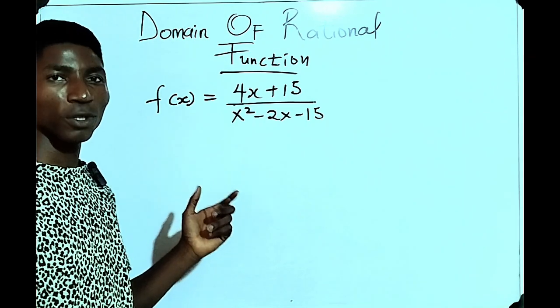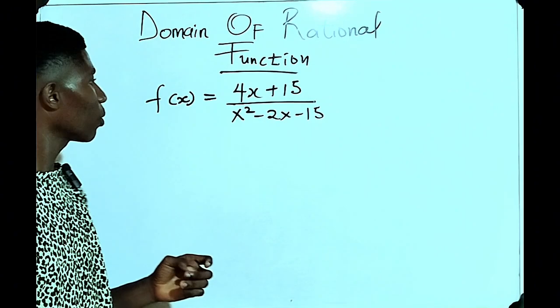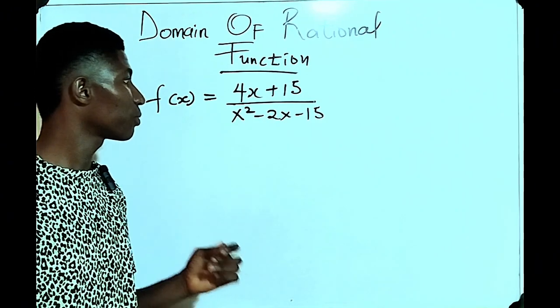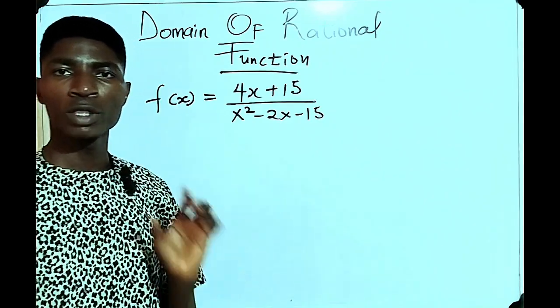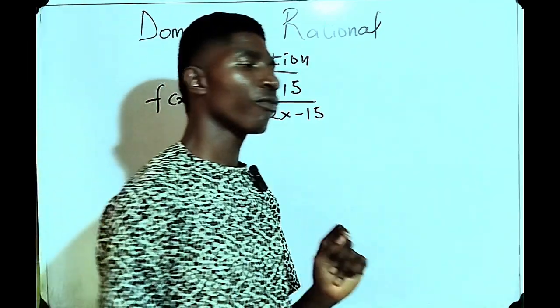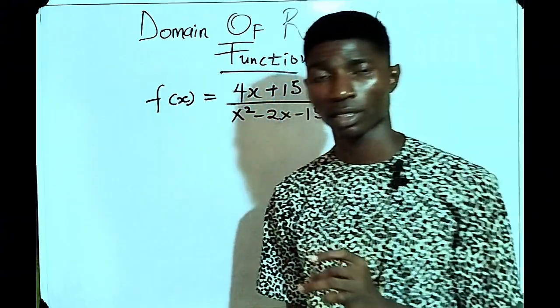Now consider this function f of x equals 4x plus 15 over x squared minus 2x minus 15. Now, to compute the domain of this function, we have to look for the value of x that will make this function be defined.